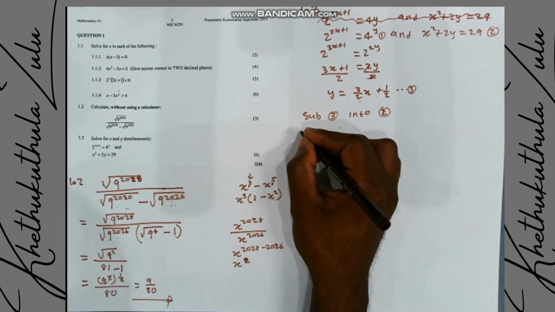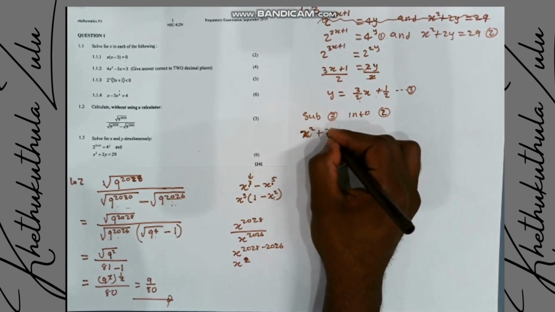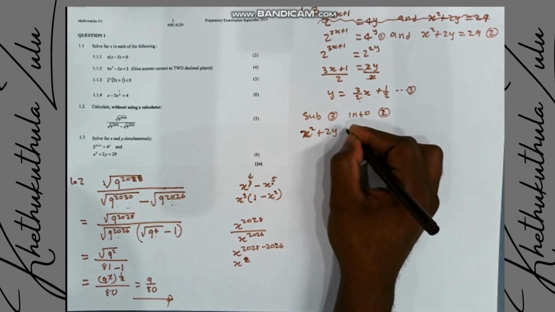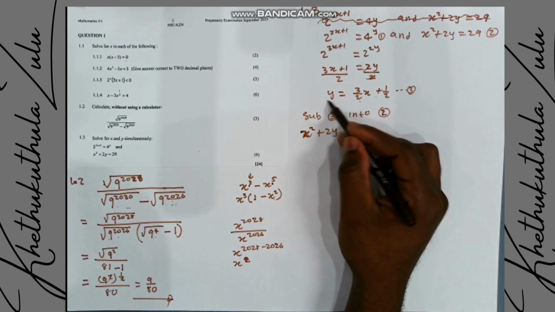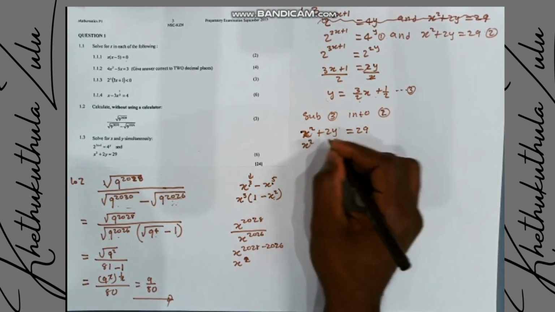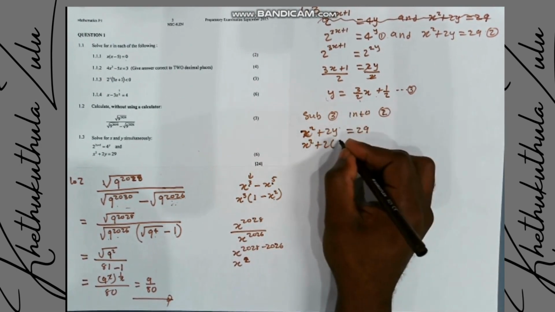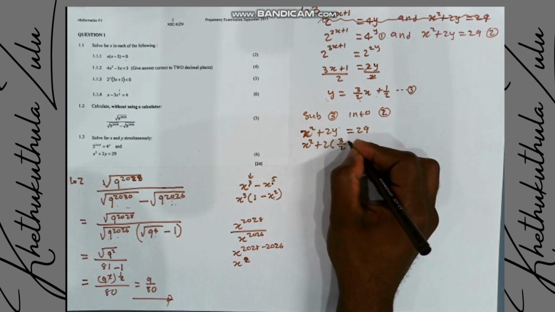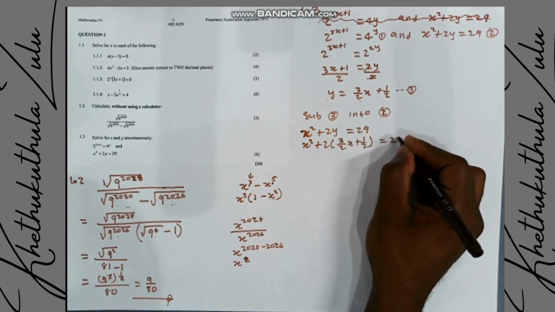Equation number 2 is x into 2 plus 2y is equal to 29. So where we have y, we put this: x squared plus 3 over 2 x plus 1 over 2 is equal to 29.